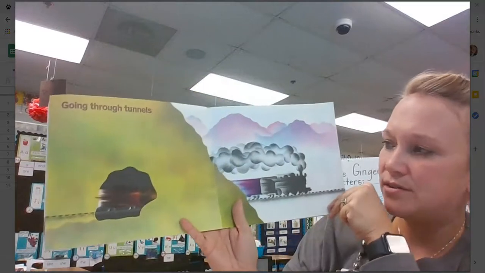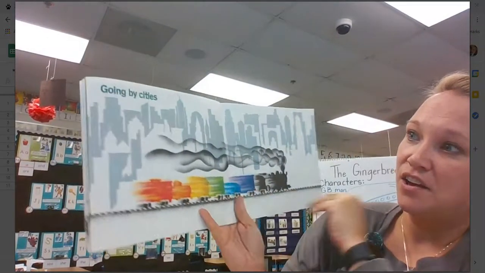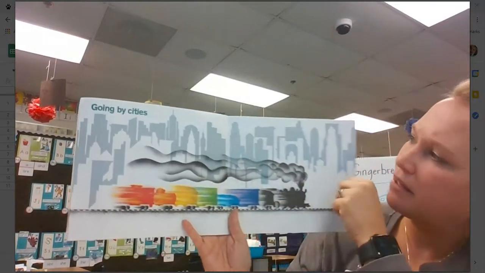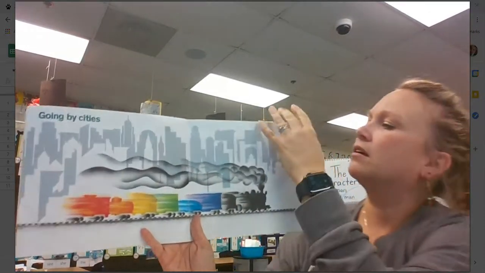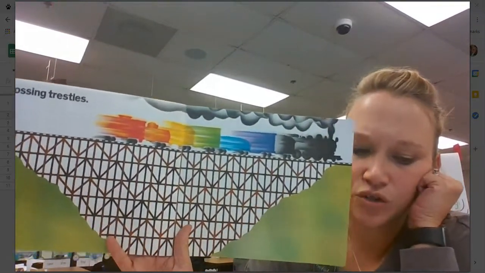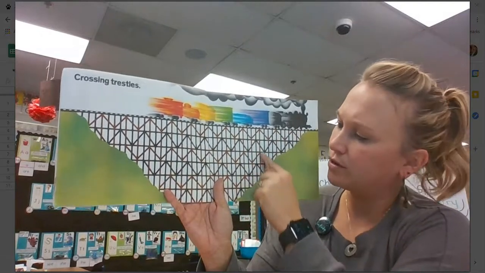Going through tunnels, going by cities. Look at all of these buildings in the back. Crossing trestles. Trestles are bridges with these crisscross supports.